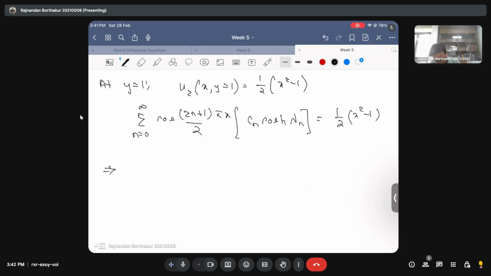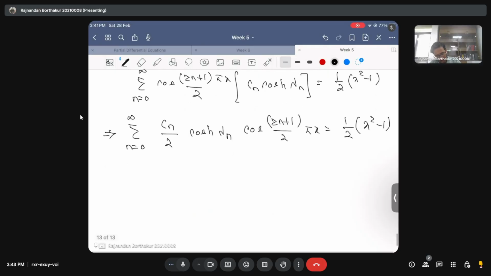First of all, I'll write this as the sum over n equal to 0 to infinity. Whatever functions are not dependent on x, I will write first. So it is cn by 2 times cos hyperbolic lambda n times cos of (2n plus 1) by 2 times pi x, and this is equal to half of x square minus 1.